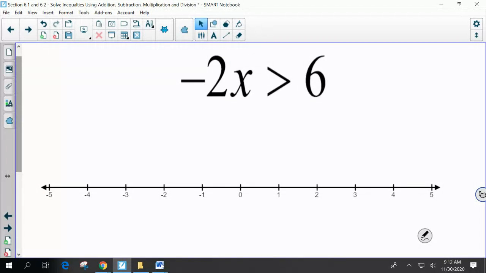So I have to do what operation here? Divide by negative 2. And because I divided by a negative 2, I have to flip-flop my sign. So now it's going to be x, flip your sign, is negative 3. So x is less than negative 3. So then I'm going to do an open circle at negative 3, and my line's going to go to the left.